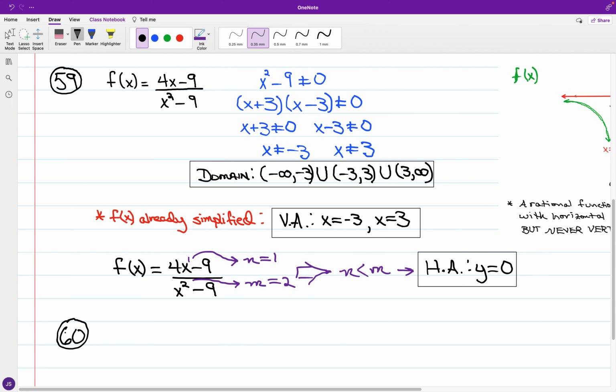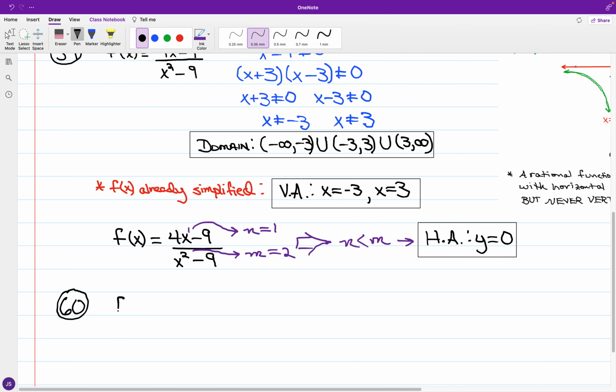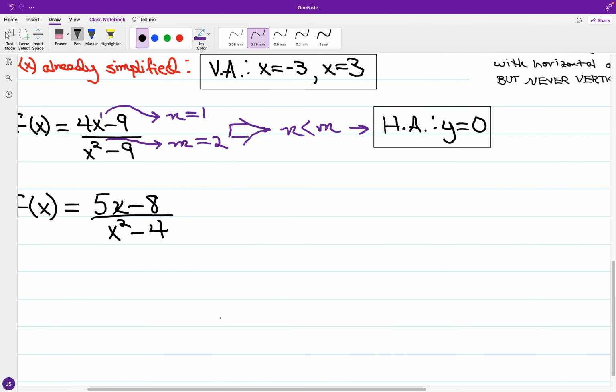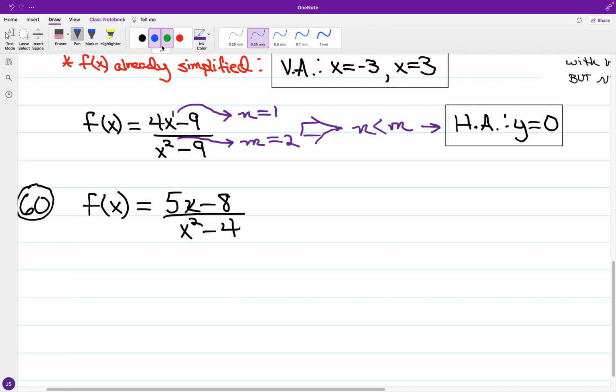And in number 60, we have that y is equal to f of x, and that is equal to 5x minus 8 all over x squared minus 4. And if we look for the domain, we have a difference of squares with x squared minus 4.